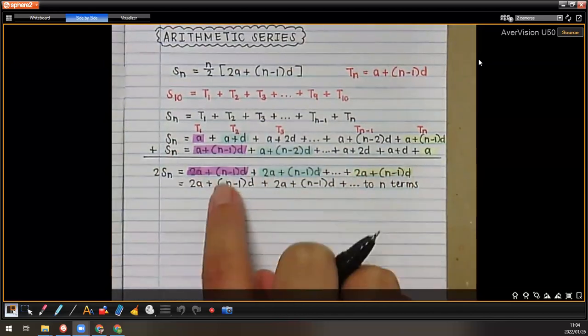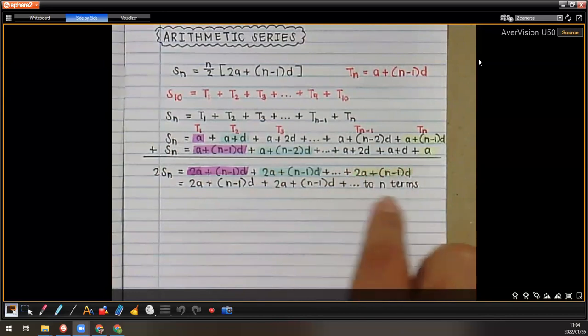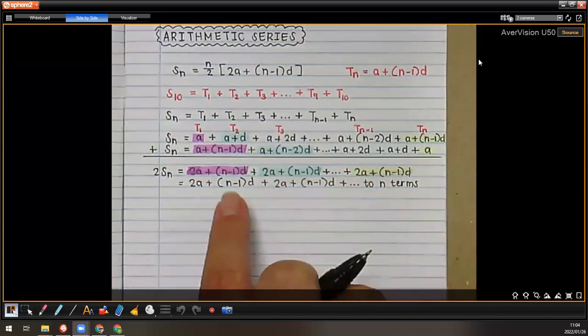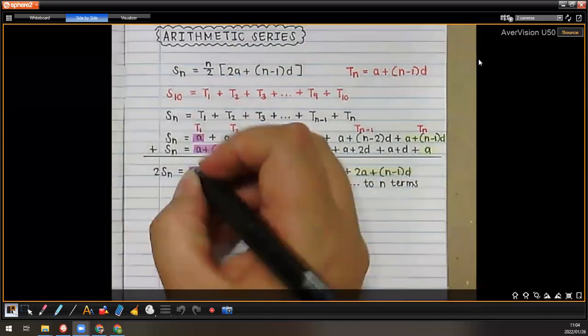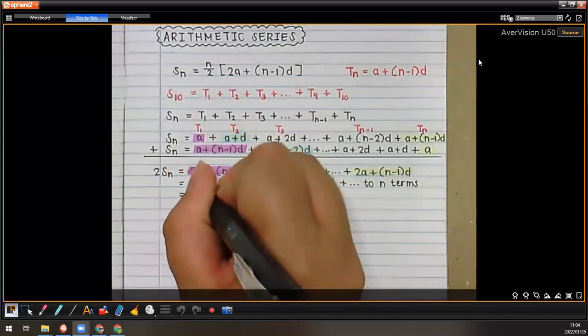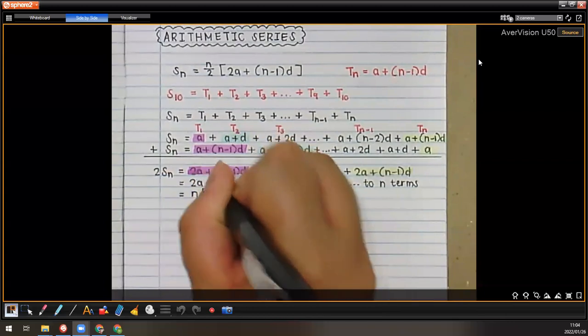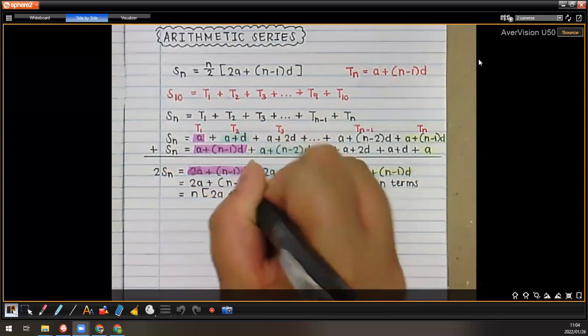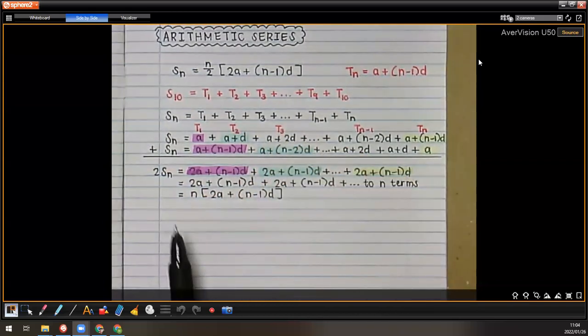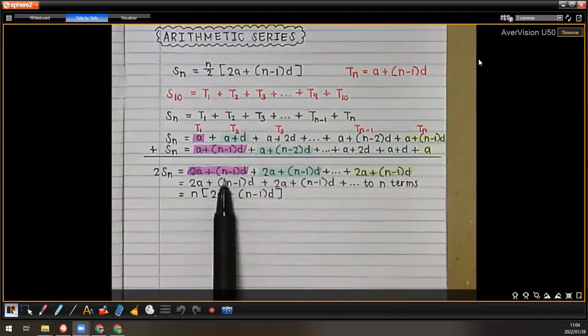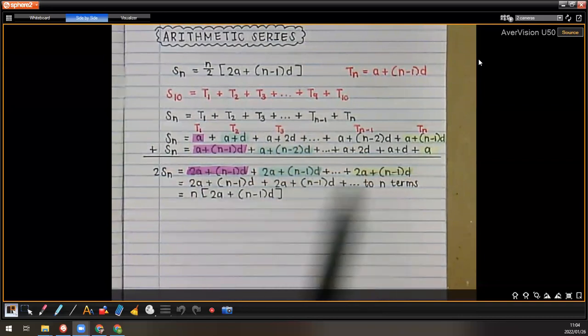So that is why I'm saying that this pattern will repeat to n terms. Now guys, if there are n of these, instead of writing them out n times, I can just put an n in front of the whole thing. So I can say that this is actually equal to n times this repeating answer that we're getting, because there are n of them, right?